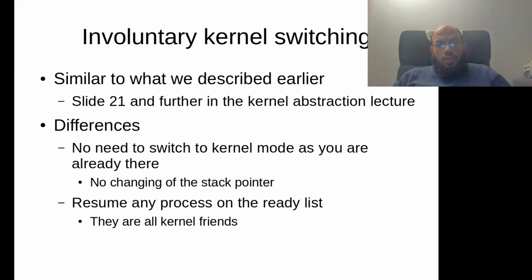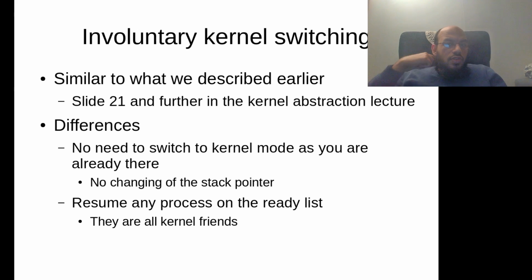Back then we basically talked about the process saving its state, and so on and so forth. If you want to get back, this is starting from slide 21 and further in the kernel abstraction lecture.